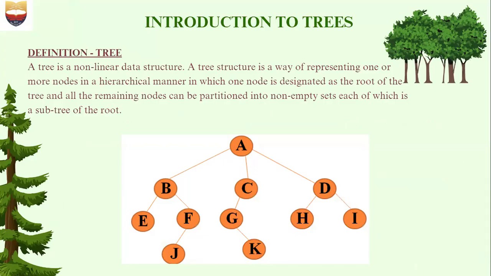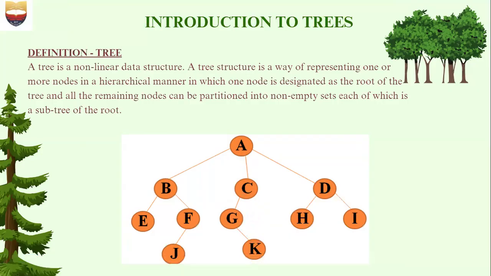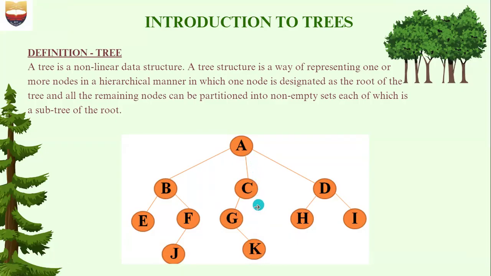Ancestor nodes are nothing but the predecessor nodes on the given path. Suppose I want to determine ancestor nodes of K, right? Therefore, I have to choose the path from the root node to that particular node in order to determine the ancestor nodes of K. And on this path, we have a total of 4 nodes, A, C, G, and K, right?